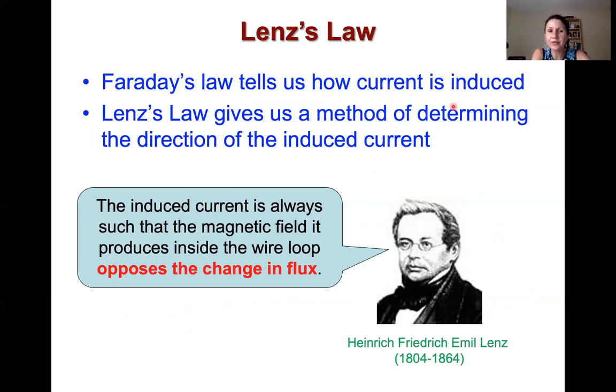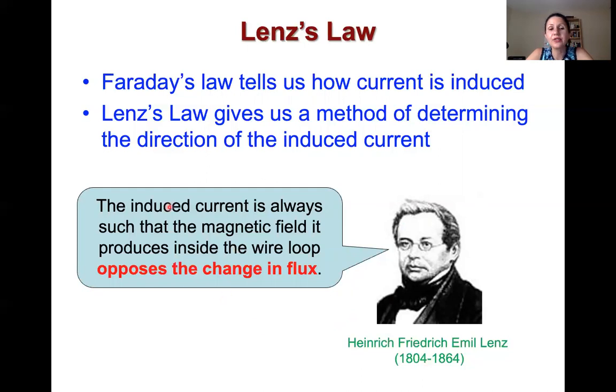Now there's another useful law, Lenz's law, which is this method I was referring to. Instead of thinking about the minus signs and doing it mathematically, this helps us determine the direction of that induced current. So what did Lenz say? And here he is, he lived in the 19th century.